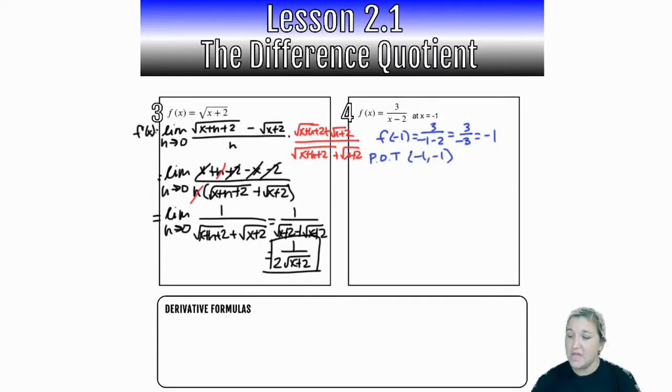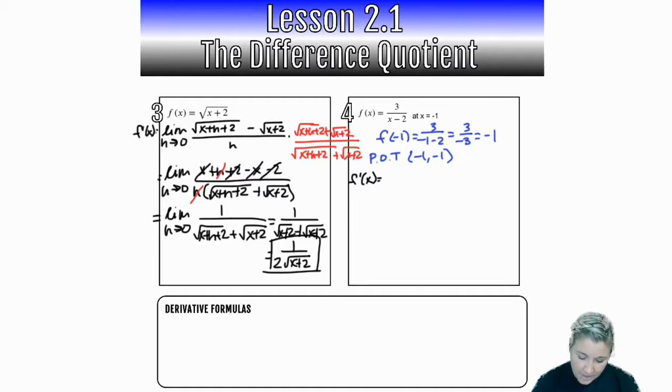Now I need to find the slope of tangency, which is actually the slope or the derivative. So I need to find f prime of x to find the slope of that tangent line so that I can write the equation, because I need a point and I need a slope to write the equation.